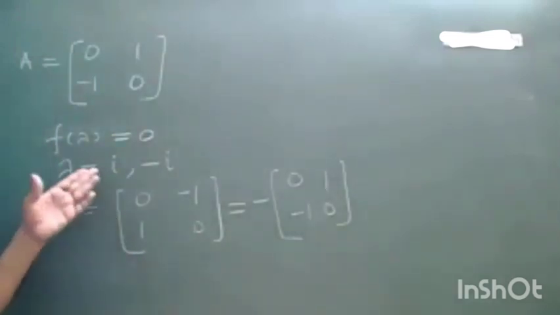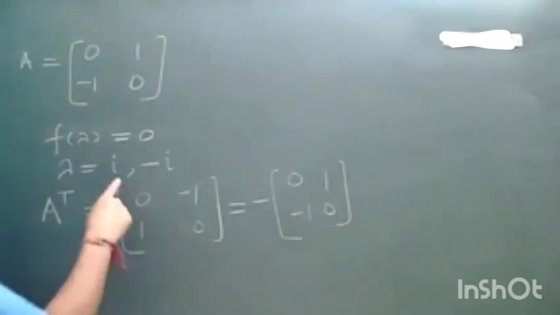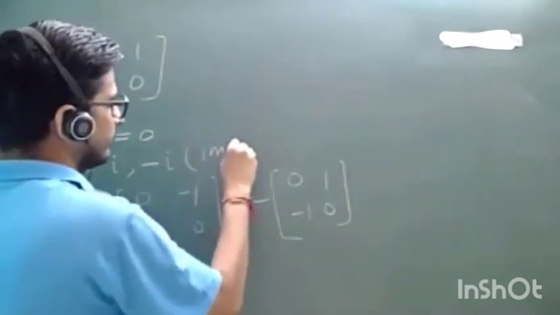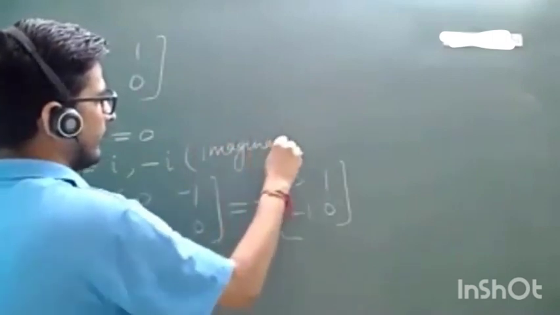So obviously the eigenvalues for a skew symmetric matrix are imaginary.